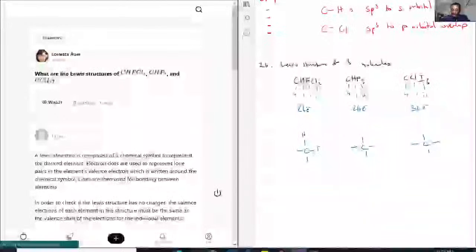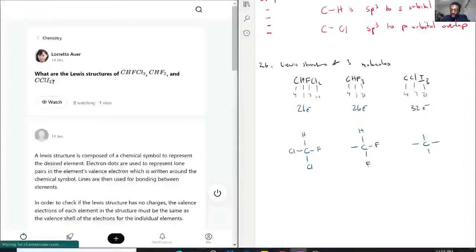Okay, so we have this. And now we can be specific. So we have H, F, Cl, Cl, H, F, F, F, and then Cl, I, I. Now you can fill out each of the valence electrons on the outer shell that need it.